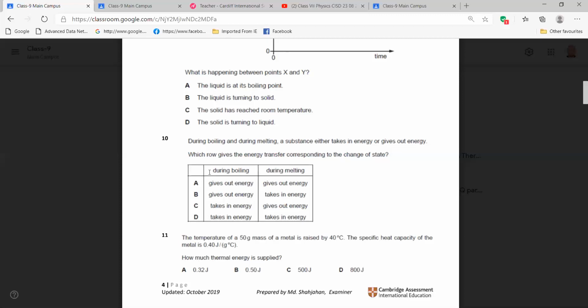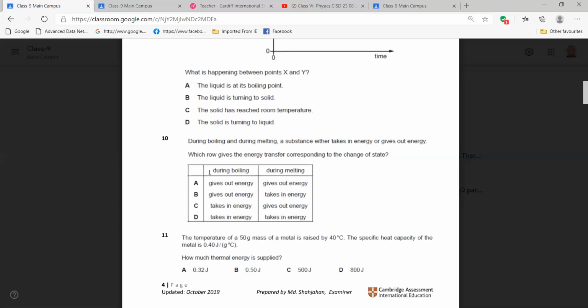Then it's turning to vapor. Water is turning to water vapor, right? So this process also takes in energy. So in both processes we have to give heat. That means the process is taking in energy. So which option will be the answer? Sir, A. It is not giving out energy, the process is taking in energy.